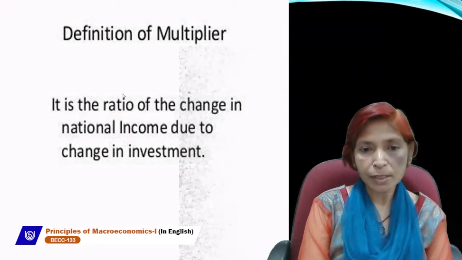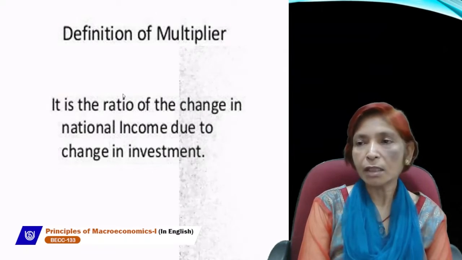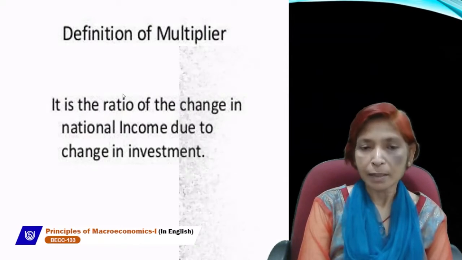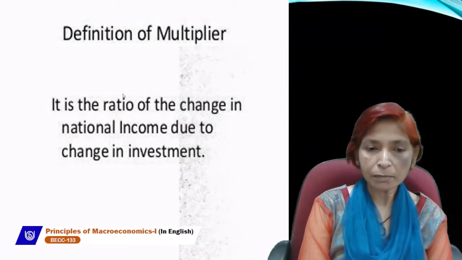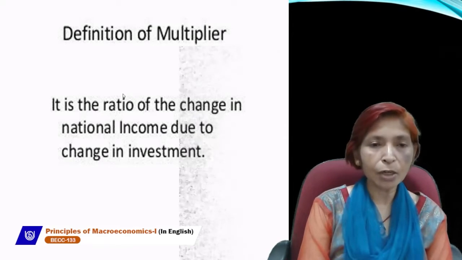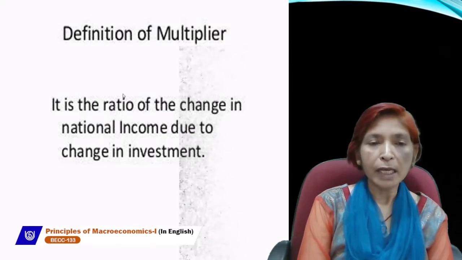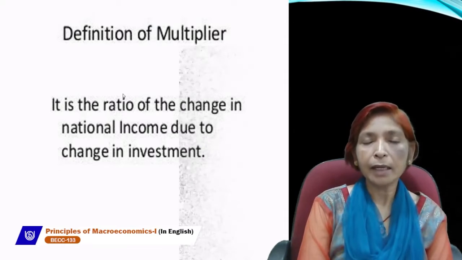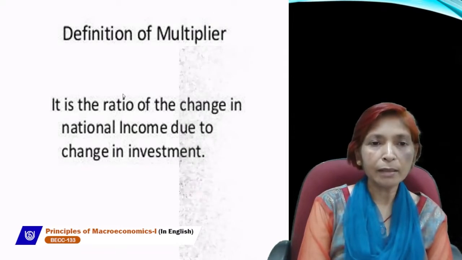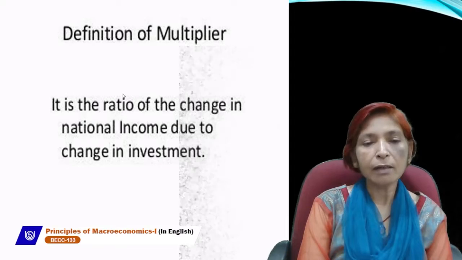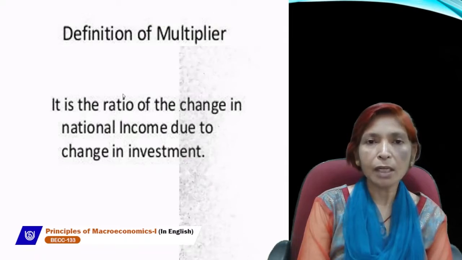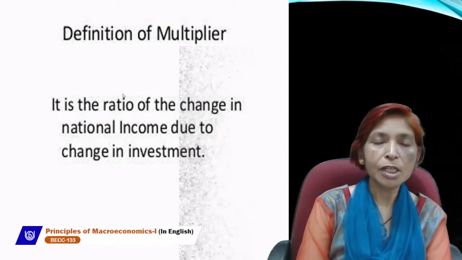So multiplier shows the ratio of change in income, delta Y, divided by change in investment, delta I. Here delta Y is change in income and delta I is change in investment, and multiplier is denoted by K. K is the multiplier or investment multiplier, and it can be calculated using the formula delta Y upon delta I.